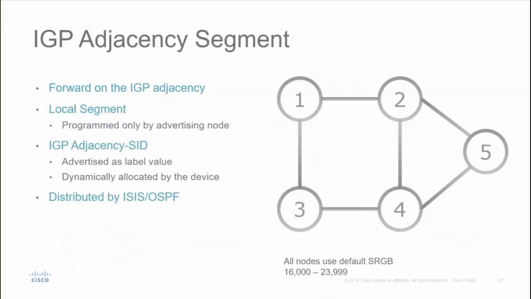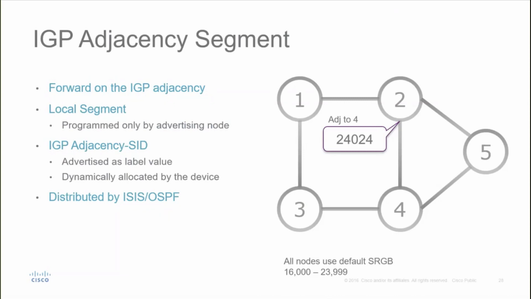The second flavor of an IGP advertised segment is the adjacency segment. So imagine that, for example, routers 2 and 4 have an adjacency, so they have an OSPF neighbor or an ISIS neighbor. What the router will do now is allocate a label that represents the adjacency. In this example, between 2 and 4, router number 2 will allocate a label with a value 24,024, and that label value will be programmed only at 2 in its FIB.